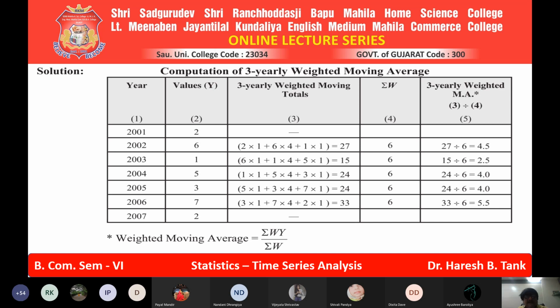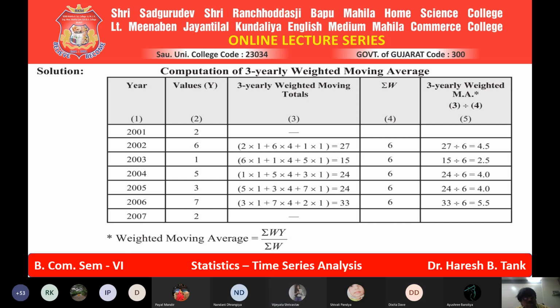Okay. 6 will have weight 1, so 6 multiplied by 1, plus 1 will have weight 4, so 1 multiplied by 4, and 5 will have weight 1, so 5 multiplied by 1. The total becomes 15. Are you getting this 15? Yes, sir.